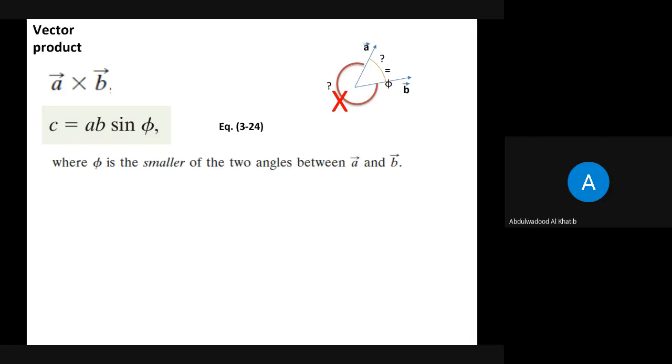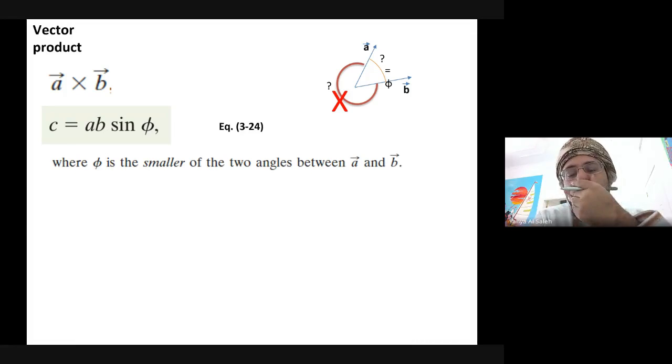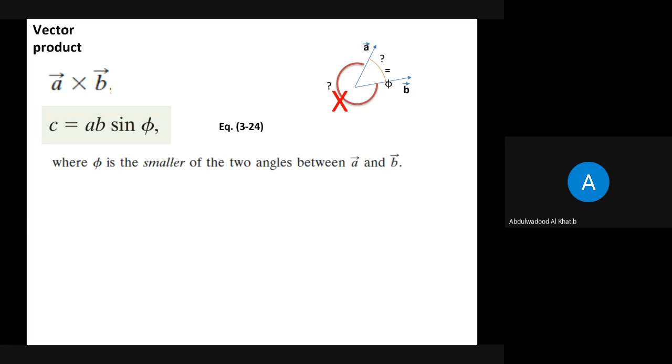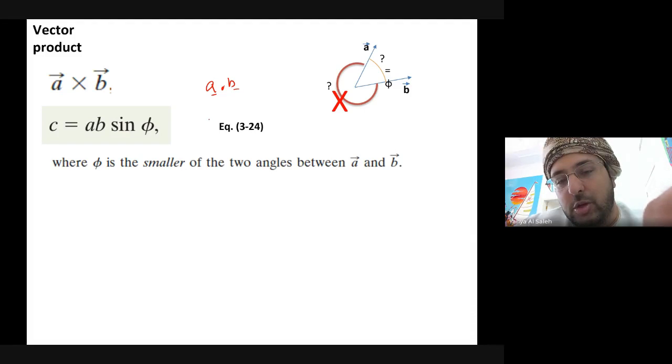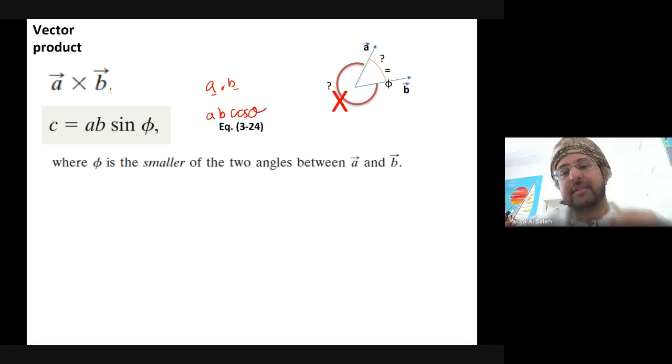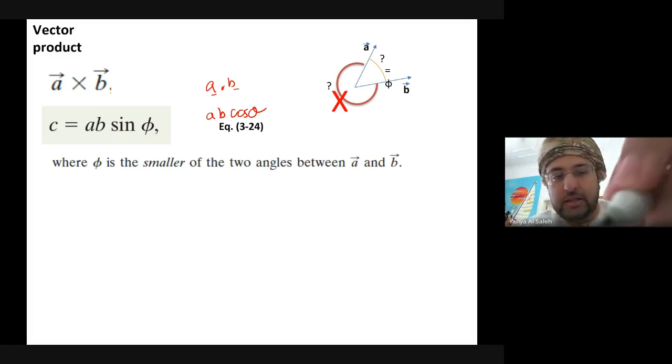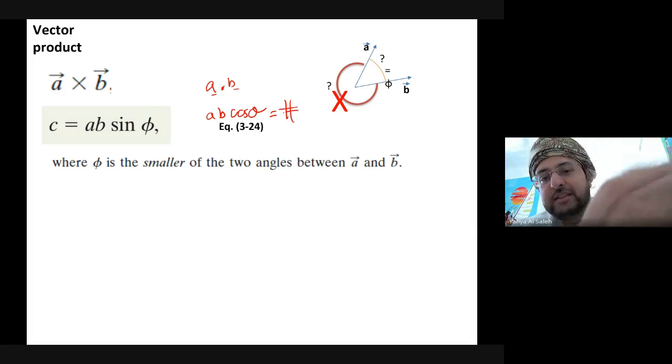Mister, would you please repeat what's the difference between this rule and the previous one? I'm a bit confused. So A dot B was AB cosine theta, and the result was a scalar, just a number.